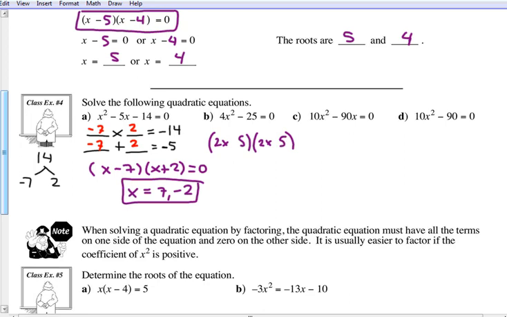One's going to be positive, one's going to be negative, equals 0. So what would make that 0? Ooh, there's a number in front. Negative 5 over 2 for the first. Second over first, opposite sign. And then positive 5 over 2. And if you wanted to get fancy, you could write x equals plus or minus 5 over 2.